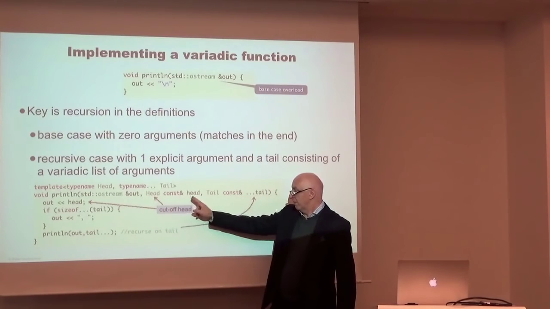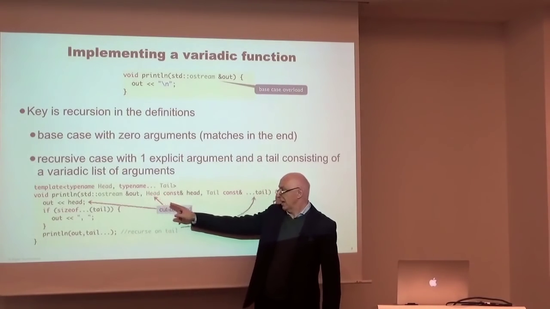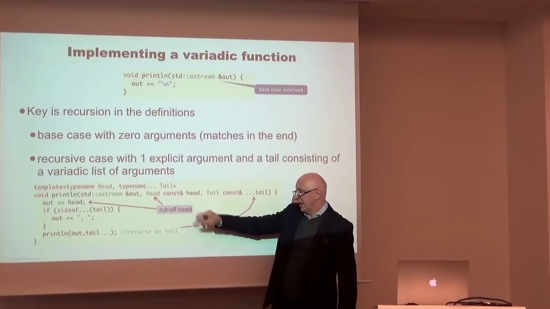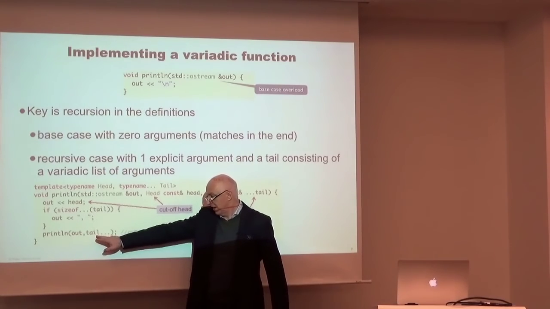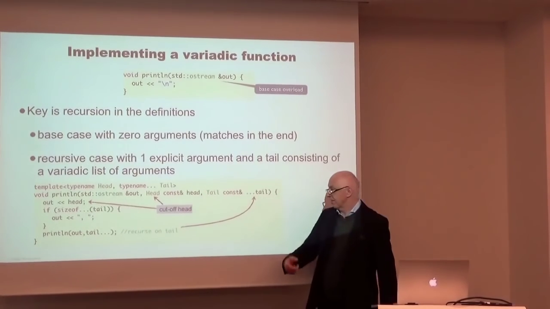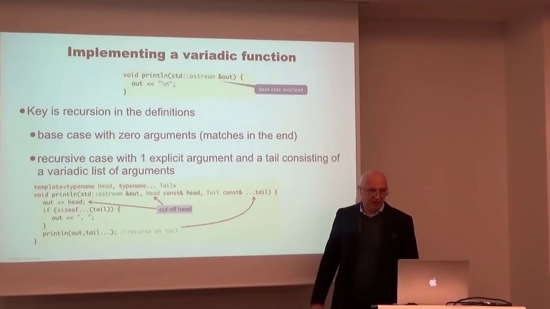And by matching, it takes at least one head element, which is output. And if there are more elements available, it outputs a comma and then recurses on itself with the remaining elements.